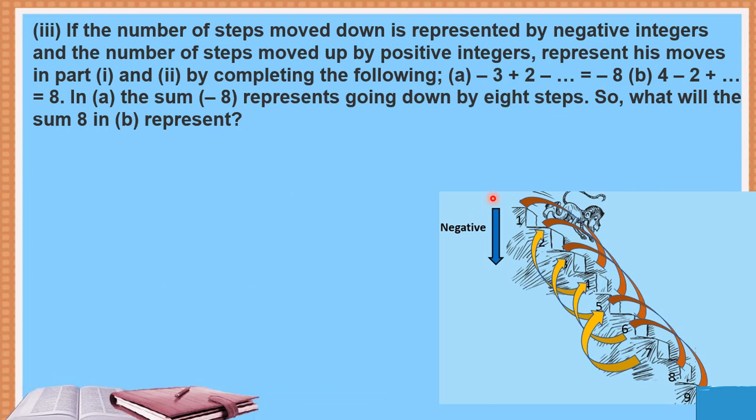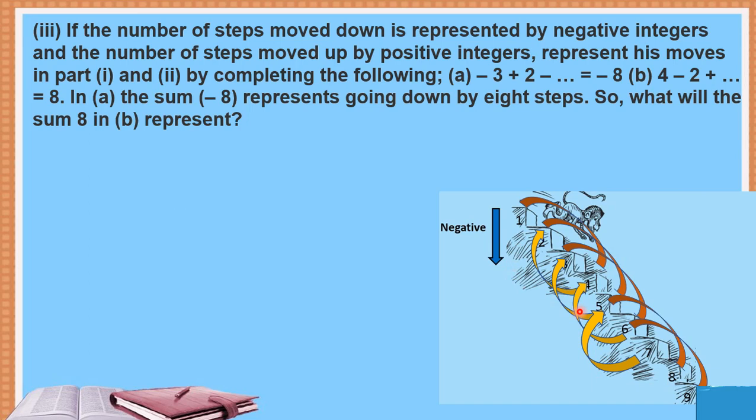Now in the third problem, it is given, if the number of steps moved down is represented by negative integers. In the previous problems, what we took was, when the monkey jumps towards the downside, we considered it a positive integer, and when he jumps upside, it is a negative integer.